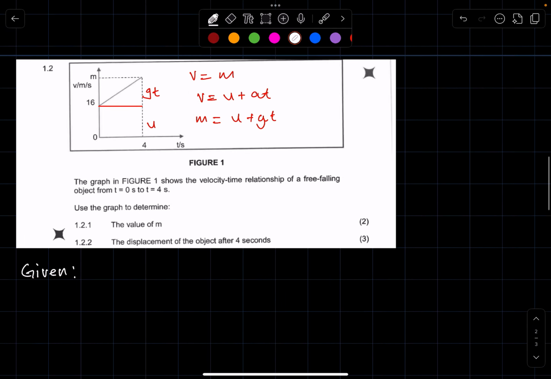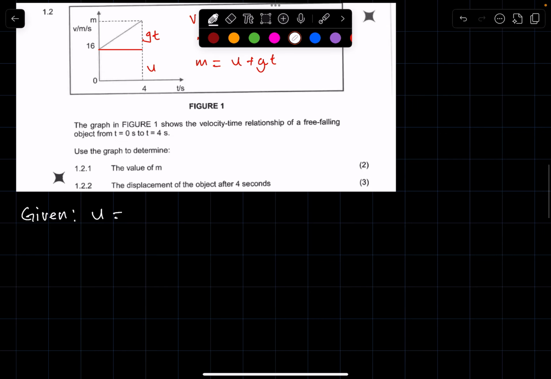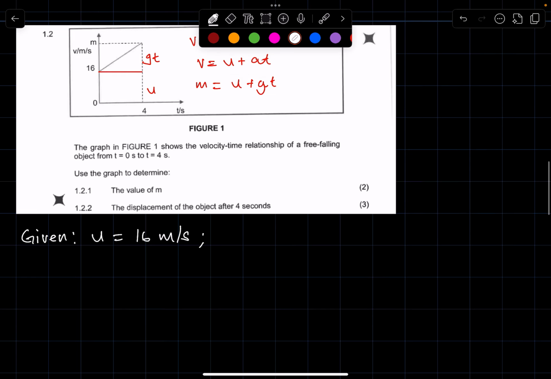Right, okay, before we get to the questions, from the graph, we know you have your initial velocity, which is equal to 16 meters per second. You have the final velocity, which is equal to m. Because this is free falling, we have g equal to 9.8 meters per second squared.